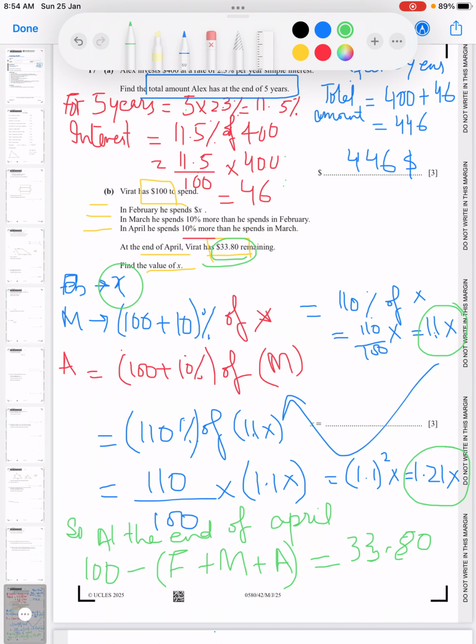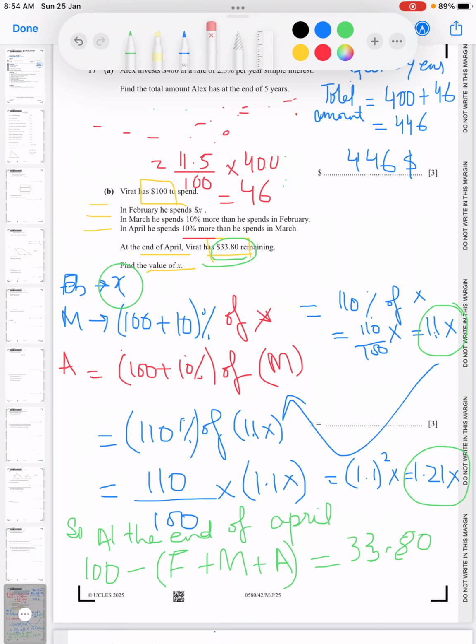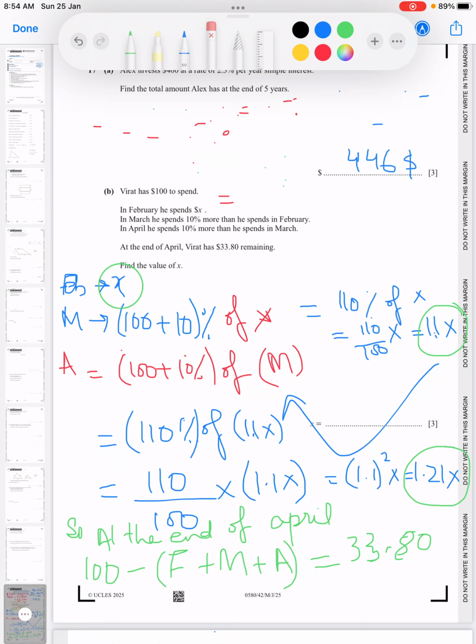Okay, now let's make some space. I am removing this part. Our next step is just to solve the equation. We will substitute the values and solve for x.